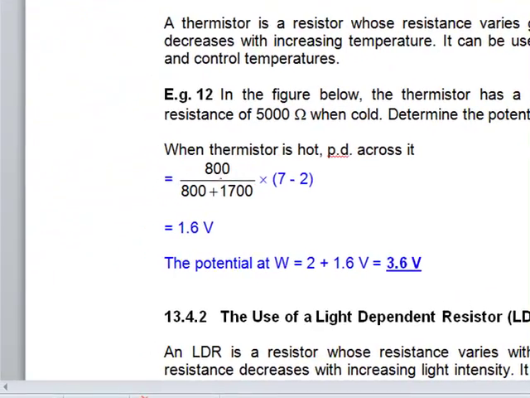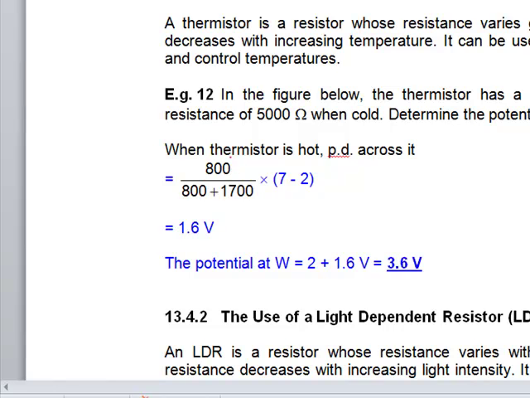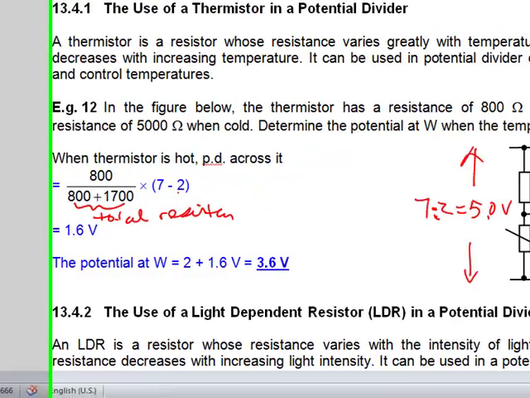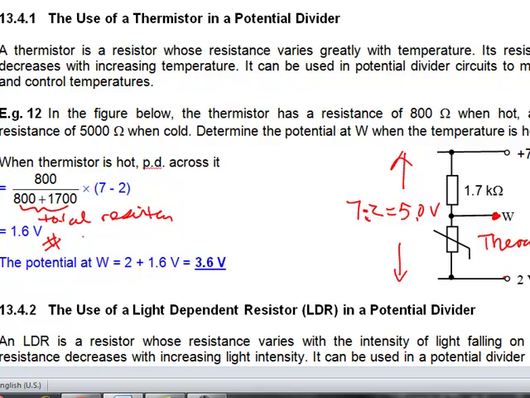So the resistance of the thermistor when it's hot is 800. The total resistance is 800 plus 1700. Then multiply by the total potential difference of 7 minus 2, which is 5 volt, and you get a PD of 1.6 volt.